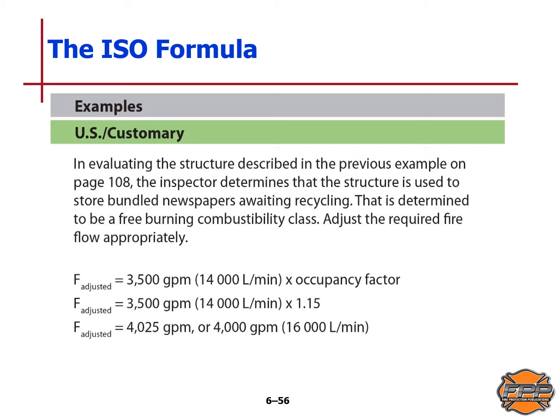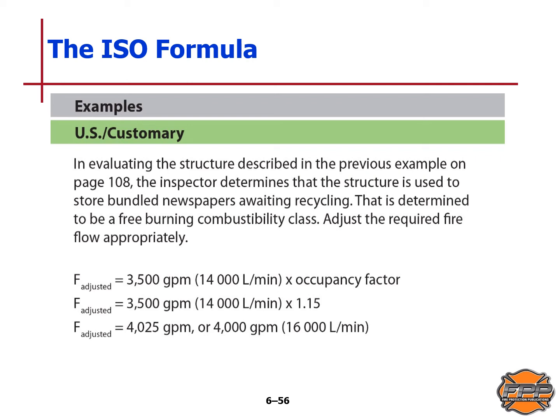So you have fire flow, which is F, adjusted, equals, and the reason it's adjusted is what you're going to see in a minute. You have 3,500 gallons per minute, or 14,000 liters per minute, either one, times the occupancy factor. So if you take the fire flow value that you got from before, what you're doing here is adjusting it.